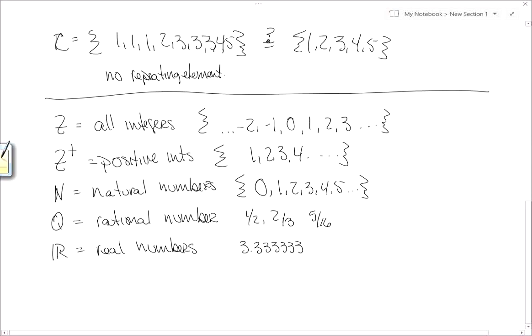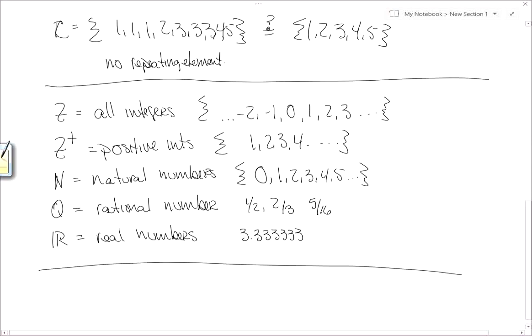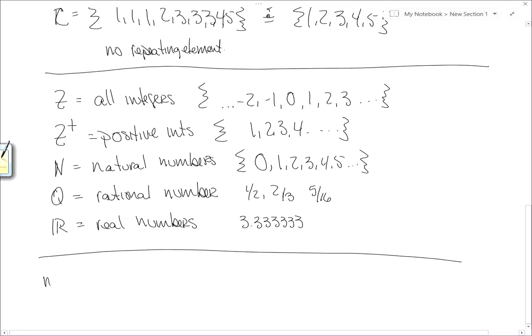So then the last thing that we're going to talk about as sets is a special set called the null set, also known as the empty set. As you can imagine, the empty set is just going to be an empty set of curly braces. If I call it the null set, I can represent it as a 0 with a line through it.